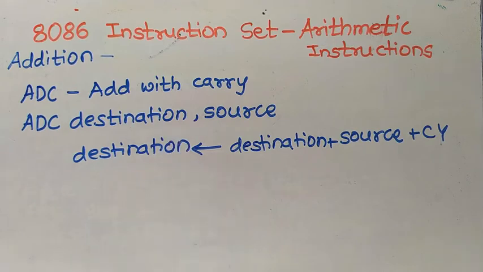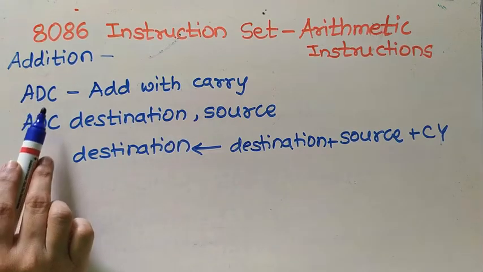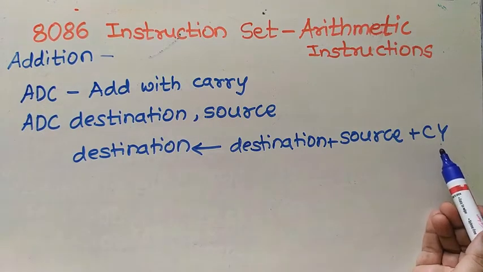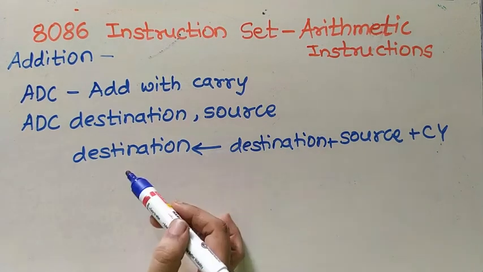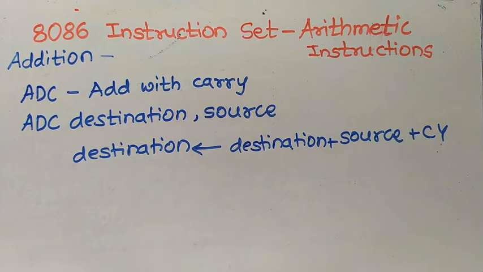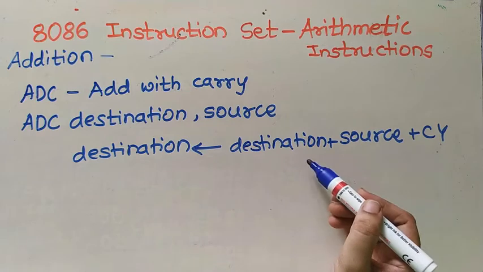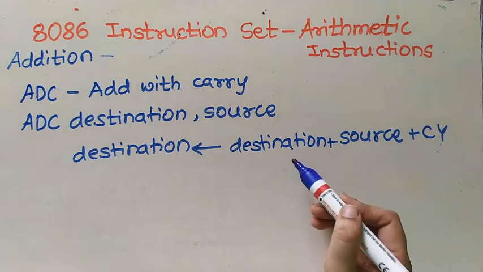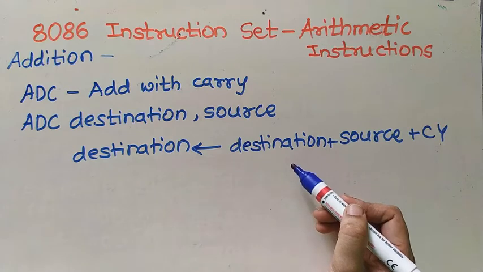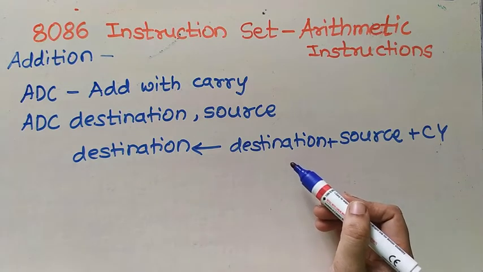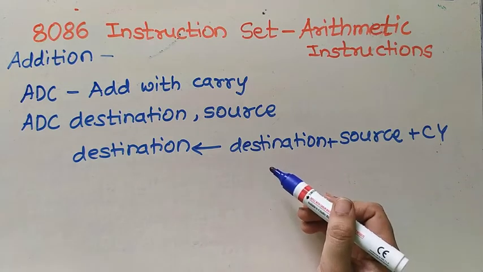So here the contents of carry flag are added with source and destination and the result is stored back into this destination. Here the source and destination can be register or memory location, but both the source and destination cannot be memory locations. Here all the flags get affected after execution of this instruction.